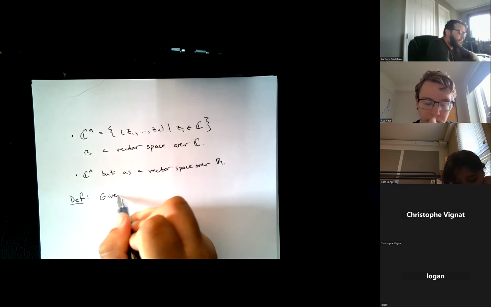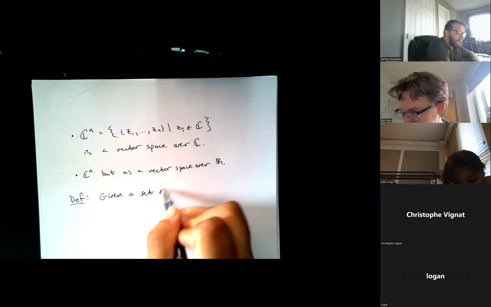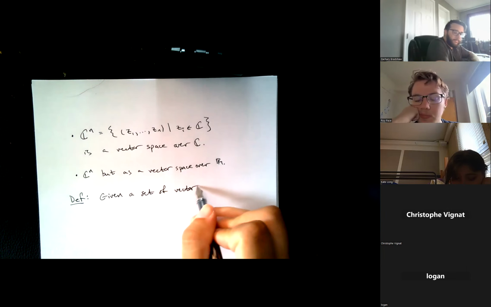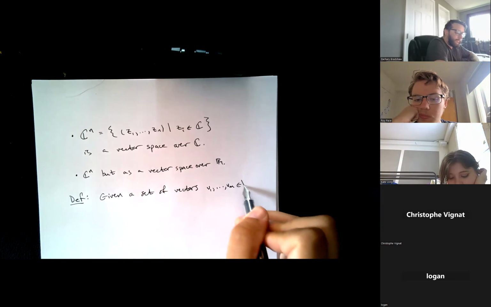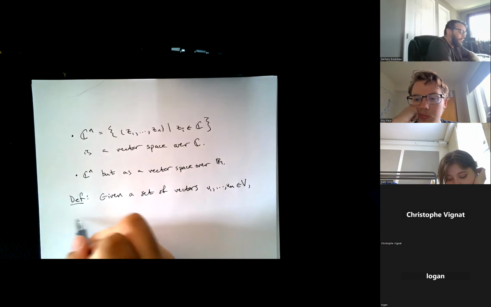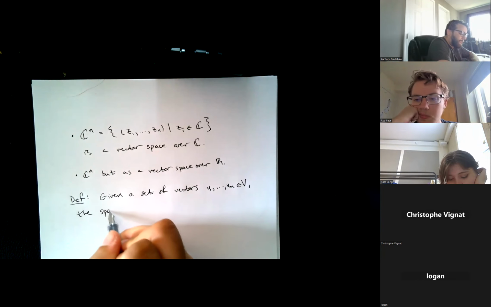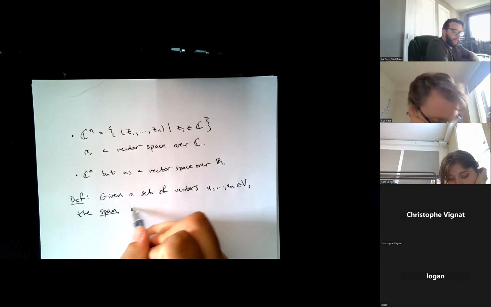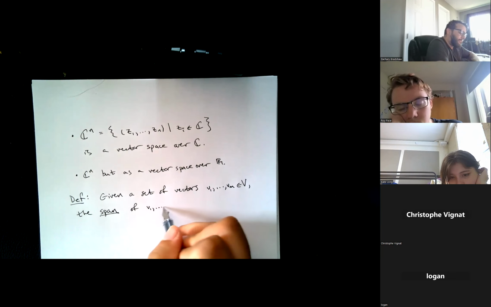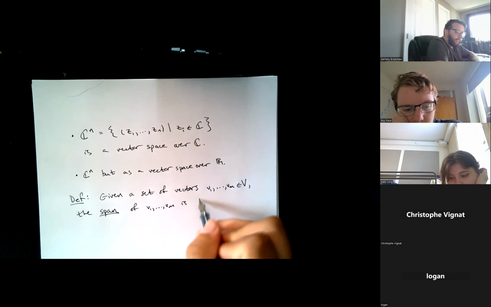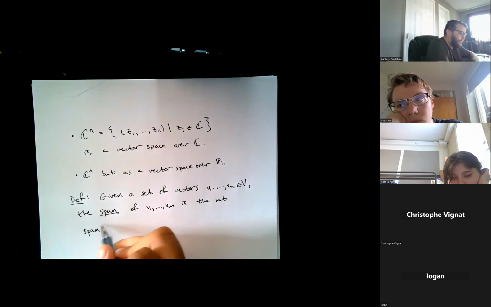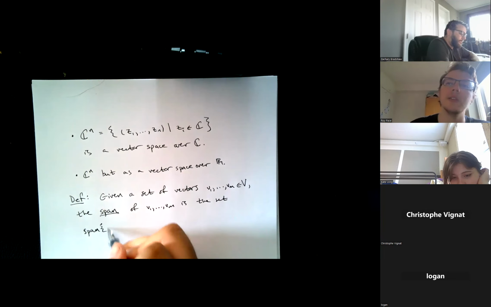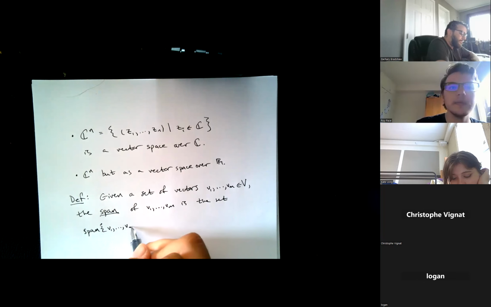Given a set of vectors, let's call them v1 through vm, the span of these vectors is the set, we'll call it span v1 through vm.